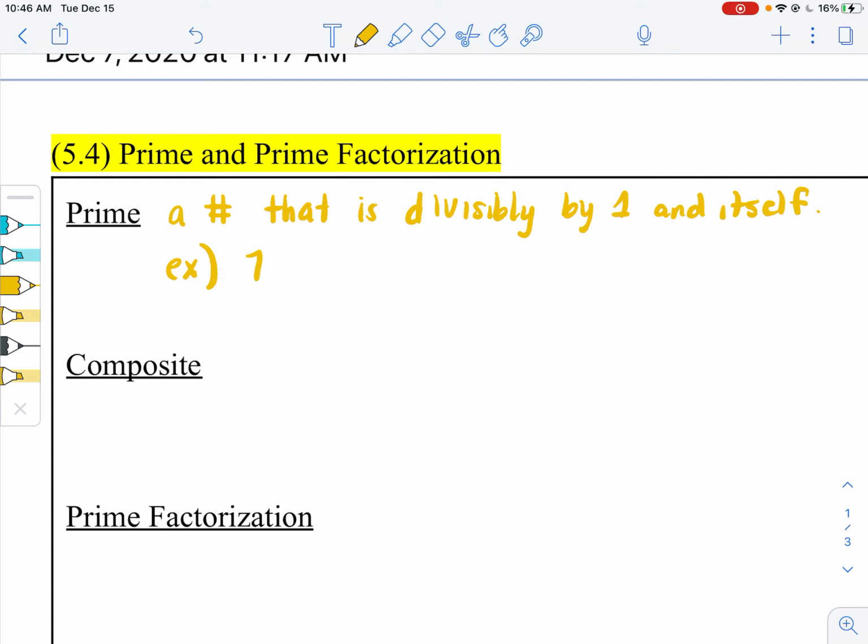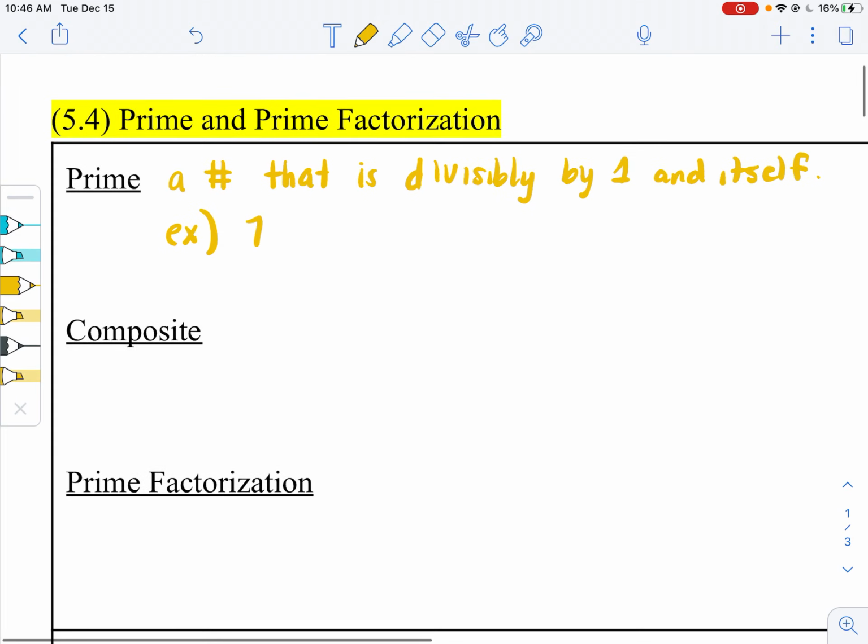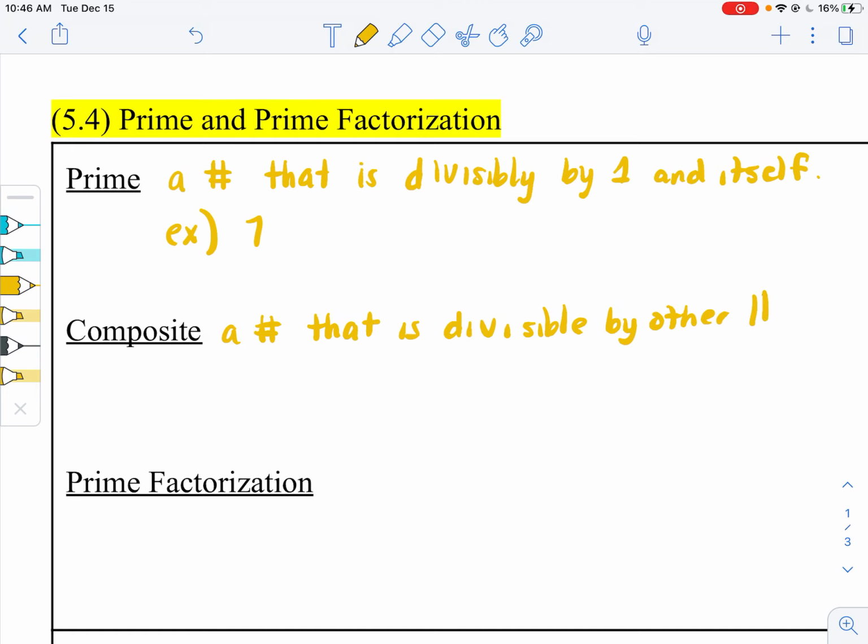Okay? And a composite number is a number that is divisible by other numbers besides 1 and itself. So for example, the number 12 is composite.